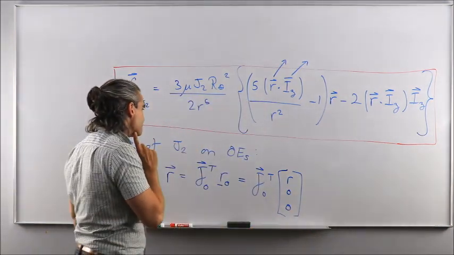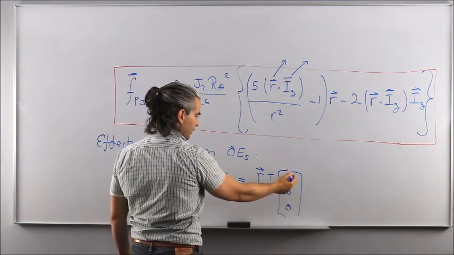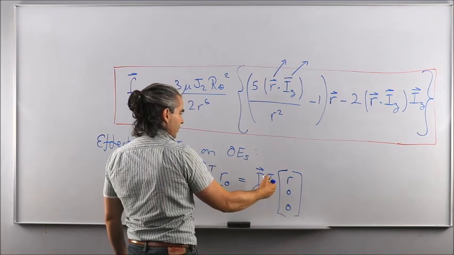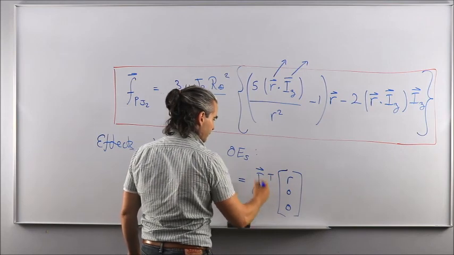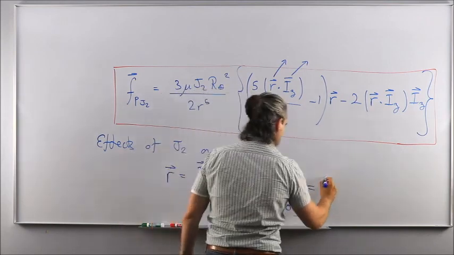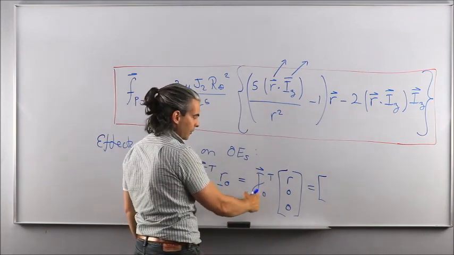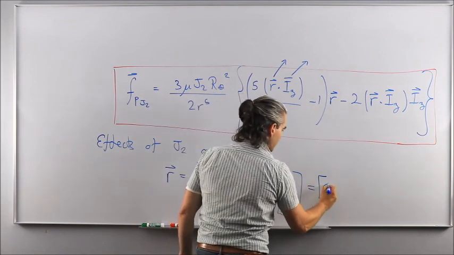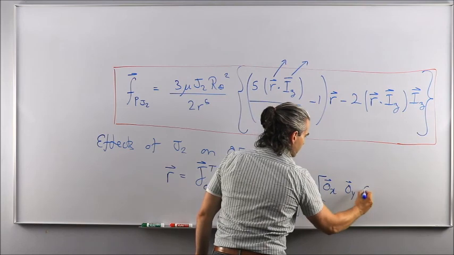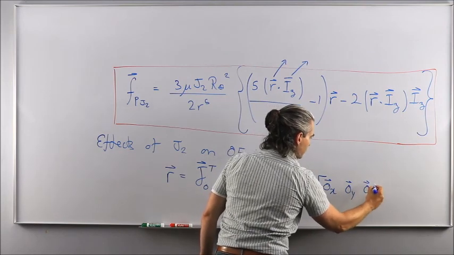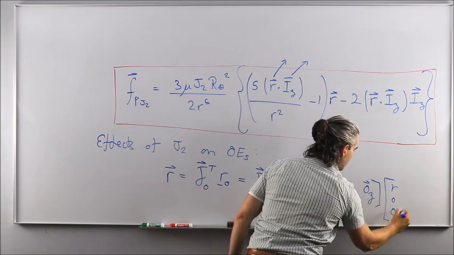Or alternatively, because it is such a simple expression for x, y, z components, we can make our life a little bit easier by expanding what the vectrix here is equal to. Again, a vectrix is a matrix of unit vectors of the reference frame of interest. And the transpose means that this is going to be a row matrix, like that. If you're not too sure, go back to chapter 1. And this multiplies the 3 by 1 r, 0, 0.